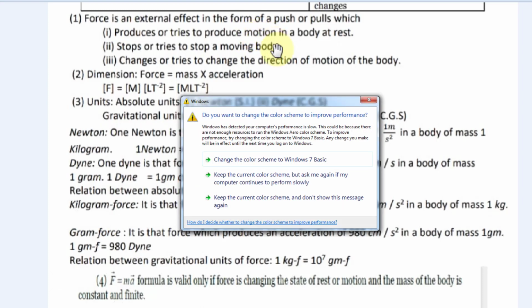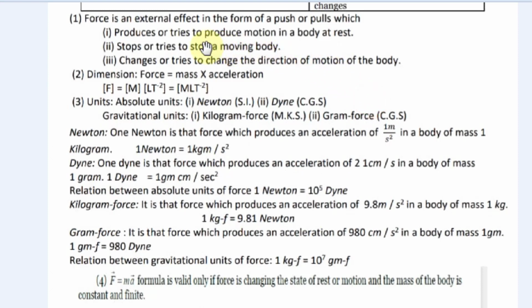The body is at rest, then if you push or pull, the body comes in motion. And if the body is moving, then if you apply force from the opposite direction, of course it will slow down and after some time it stops. Next, if a body is moving in some particular direction, and from another direction you apply force, then of course the body will change its direction.